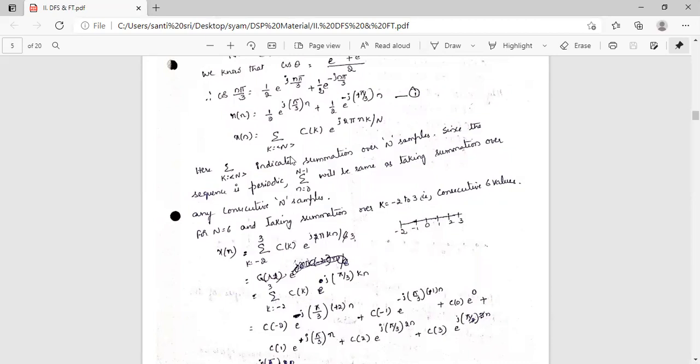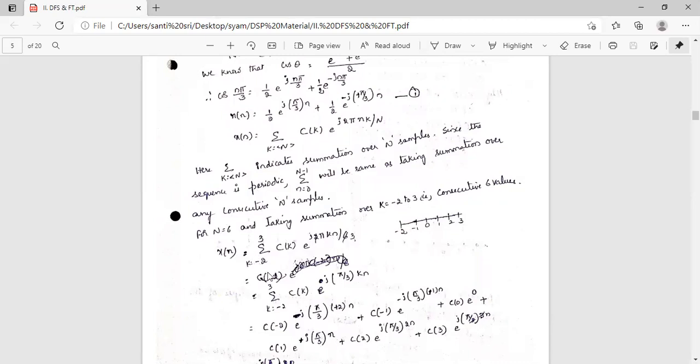So what is the formula here? x(n) = sum over k = -2 to 3 of c_k e^{j2πnk/N}. Here the capital N value is 6, so the 2 gets cancelled with 6 by 3 times, giving e^{jπkn/3}.